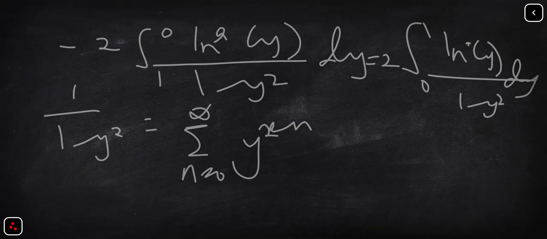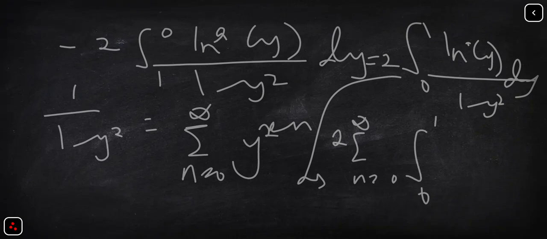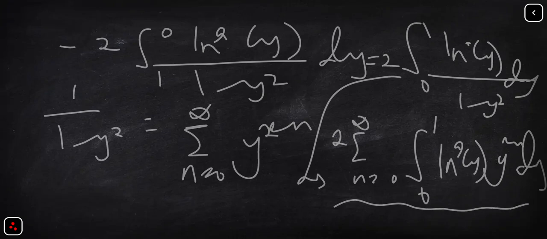So from these parts, this is 2 multiplied by the sum of n from 0 to infinity, the integral from 0 to 1 of the natural log of y raised to the power of a multiplied by y raised to the power of 2n dy. Beautiful.